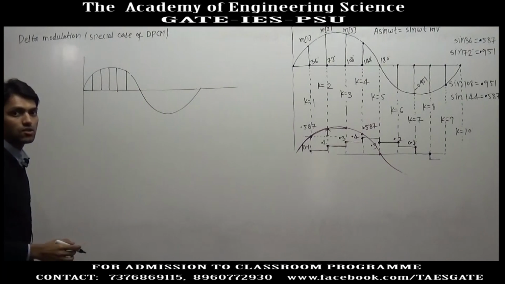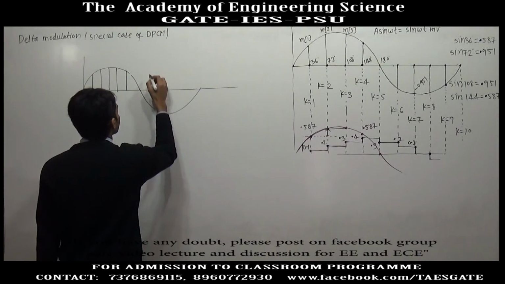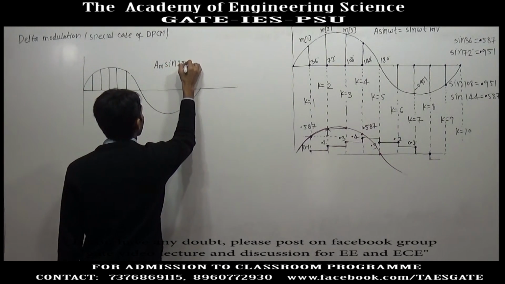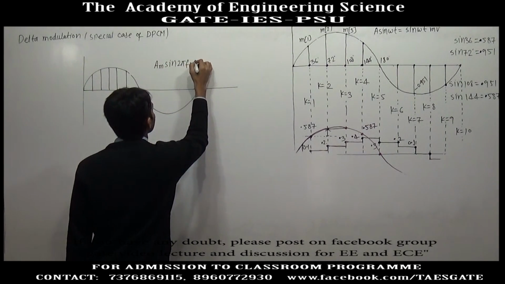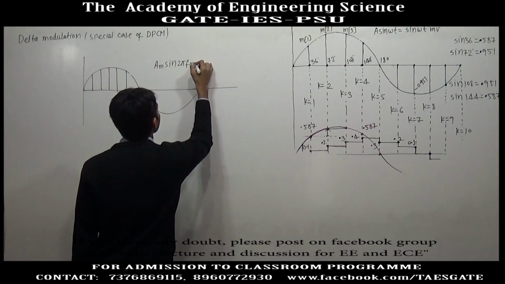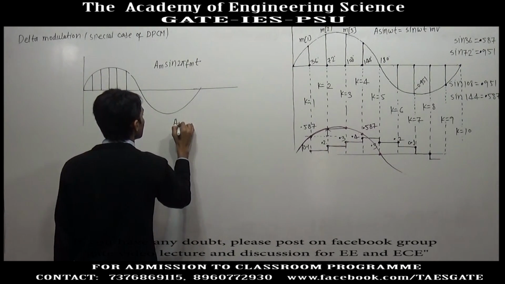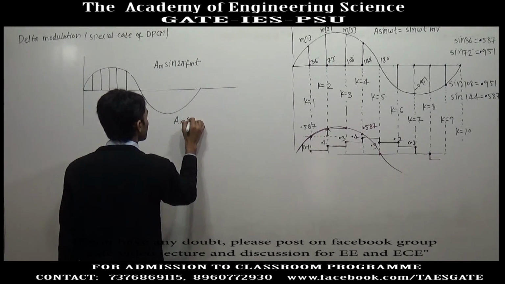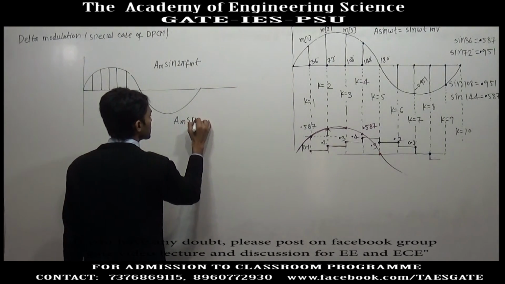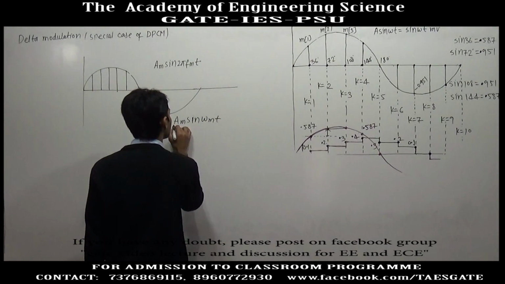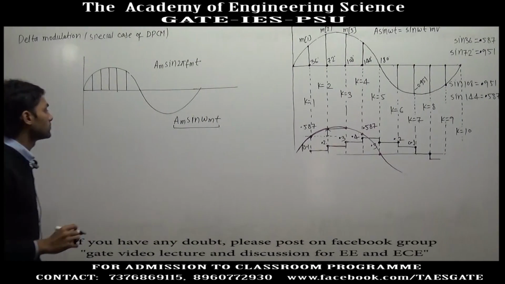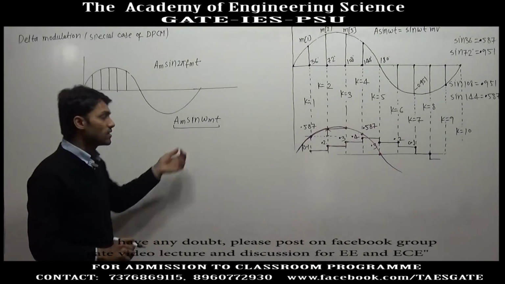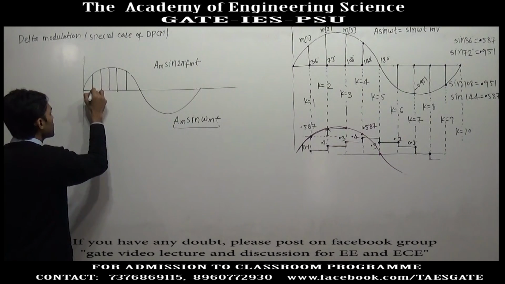Suppose for a certain sinusoidal signal, it can be defined as Am sin 2 pi fm t, or Am sin omega m t, where m is for modulating signal, and we have sampled this signal at certain sampling frequency.